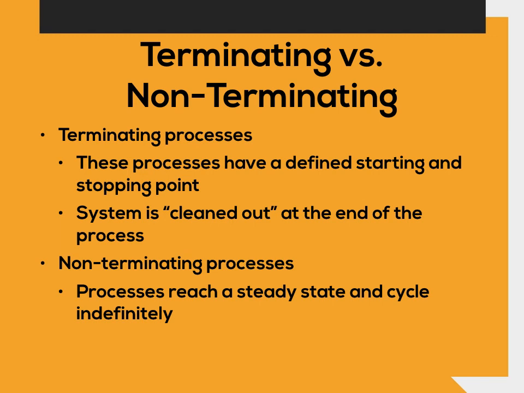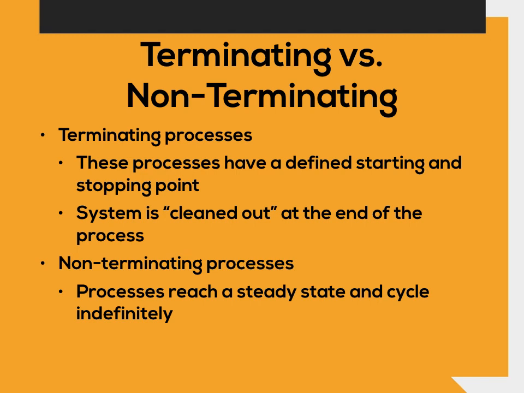On the other hand, non-terminating processes, these are continuous processes that don't have a defined starting and stopping point. So for example, if you have an assembly line manufacturing process where there are multiple shifts running each day and the system is never emptied or cleaned out, this would be an example of a non-terminating process.